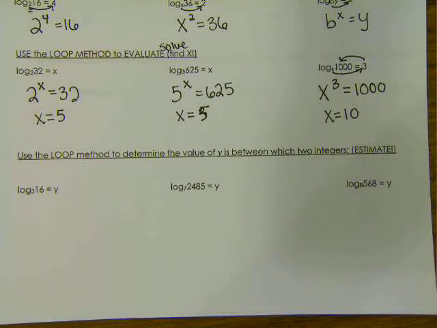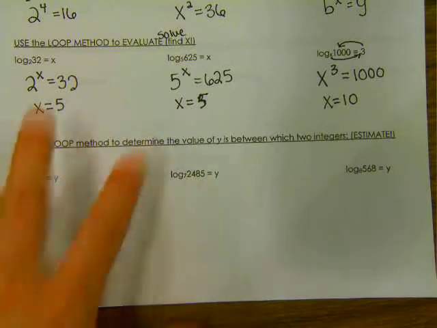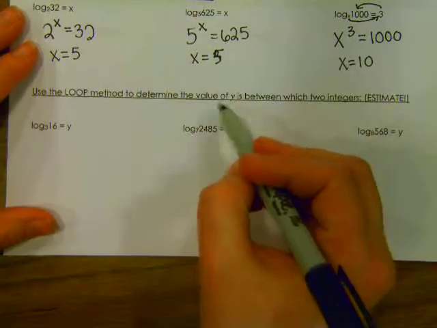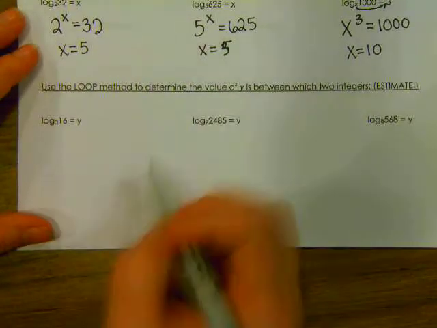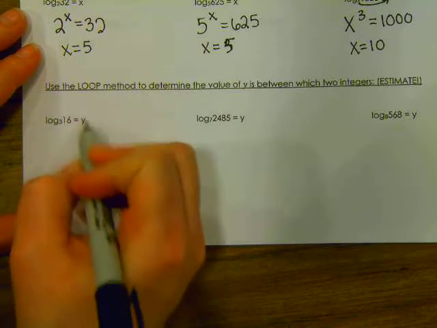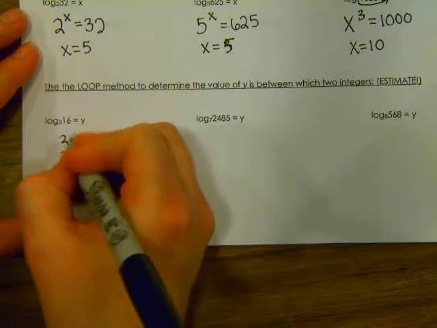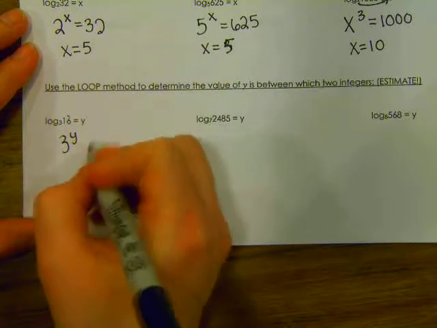So now, let's take a look at estimating, okay? So estimating, when it's not an exact number like here, we can still use the loop method to estimate the value of y. So here's what I mean. Let's still use the loop method. Let's write this in exponential form. So base of 3 to the y power equals 16.